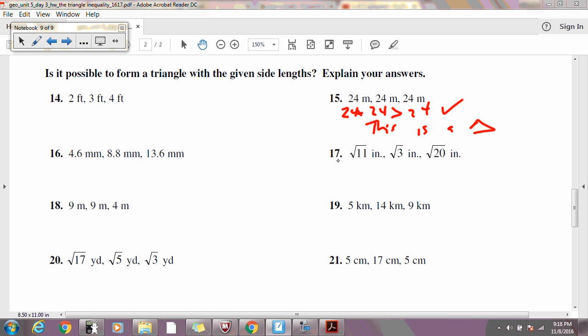On number 17, the two smaller square roots are the square root of 11 and the square root of 3, and we have to test to see if it's greater than the square root of 20. So let's grab our handy dandy calculator.